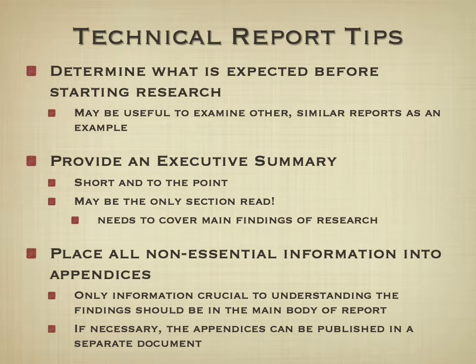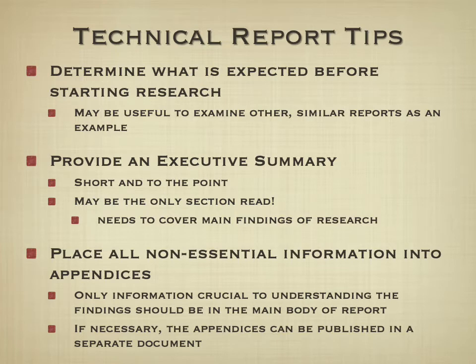If you have information, extra data, things like that, that are not immediately relevant to the research, throw it into the appendix. The best rule of thumb for things like that is if you need to know the information to understand the research, then it should go in the body. If it's nice to know information, if it's things that aren't absolutely positively required to understand the research, then throw those sorts of things into the appendix.